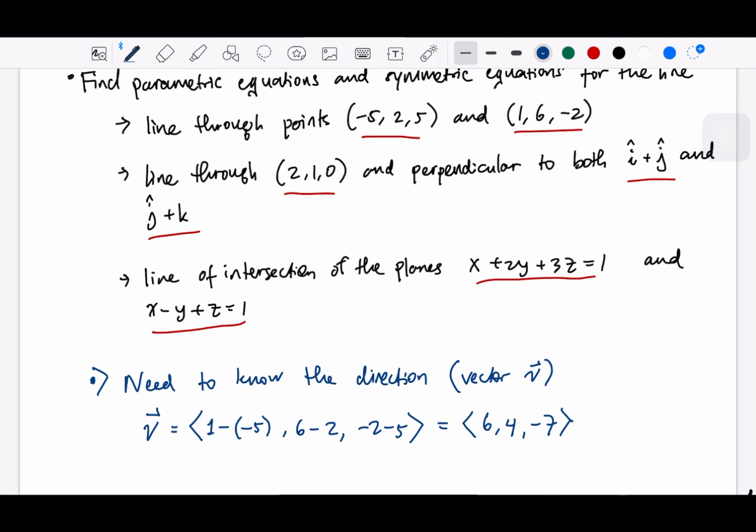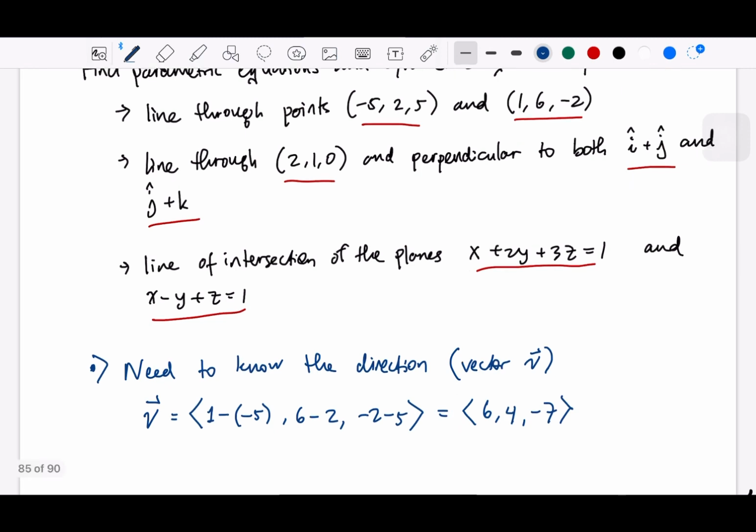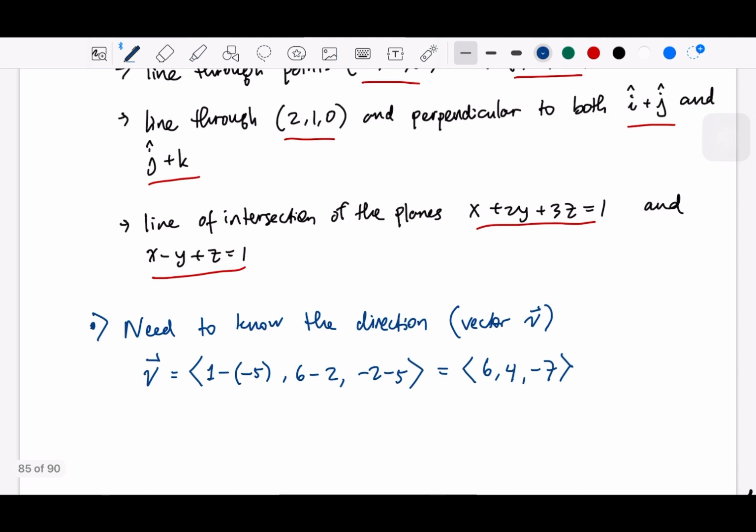Which means that this direction is parallel to our line. And then based on this vector, our initial position is, let's say, negative 5, 2, 5. This means initial point.